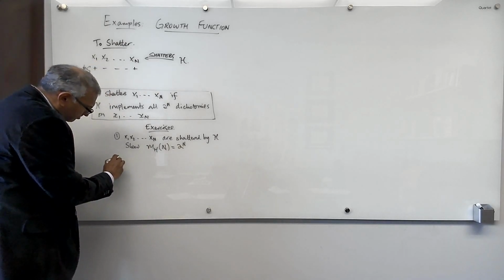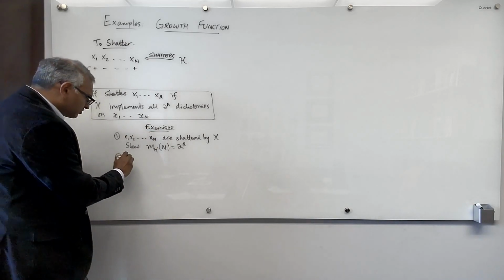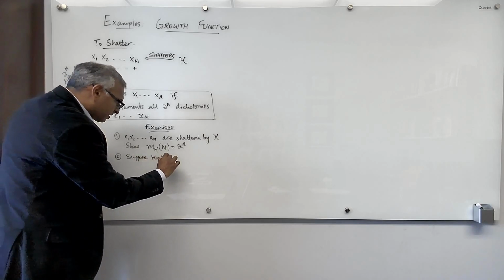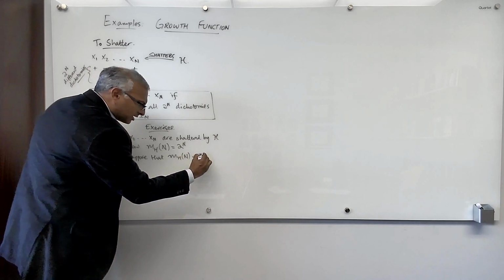Okay. 2. Suppose you have a hypothesis set in some space, and suppose that m sub h of n is strictly less than 2 to the n.